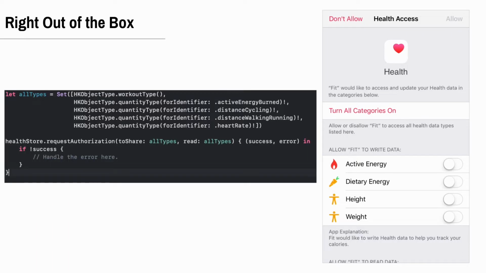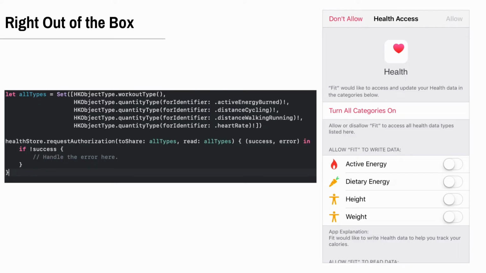So what do I mean by right out of the box? So this is Apple's, basically anytime you make that first request for permissions, you get this sheet out of the box. So you don't have to make any of this, which is so nice. And so you can see over here, we're setting up a set of data keys that we are looking for to get to either write to or read from.